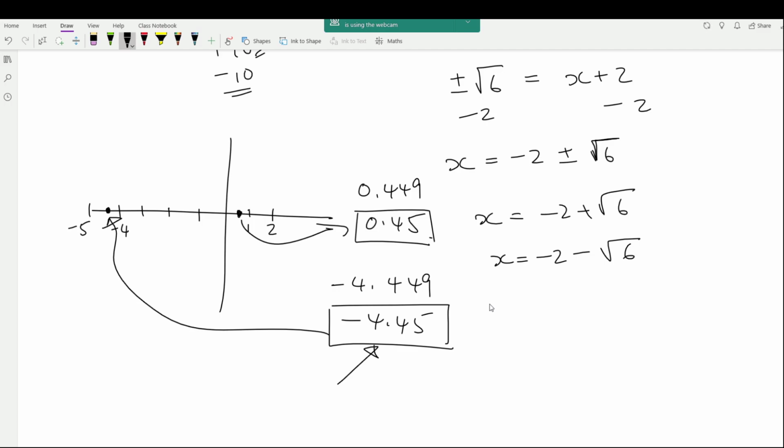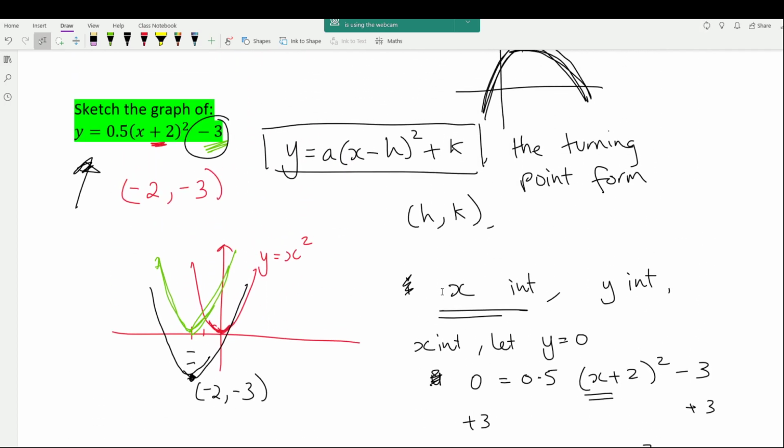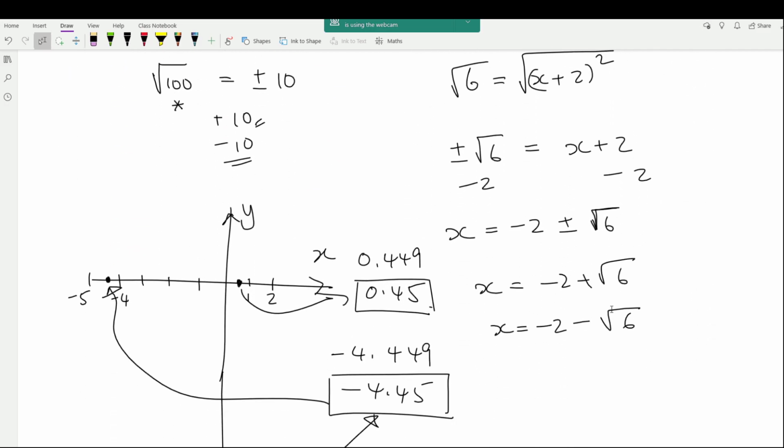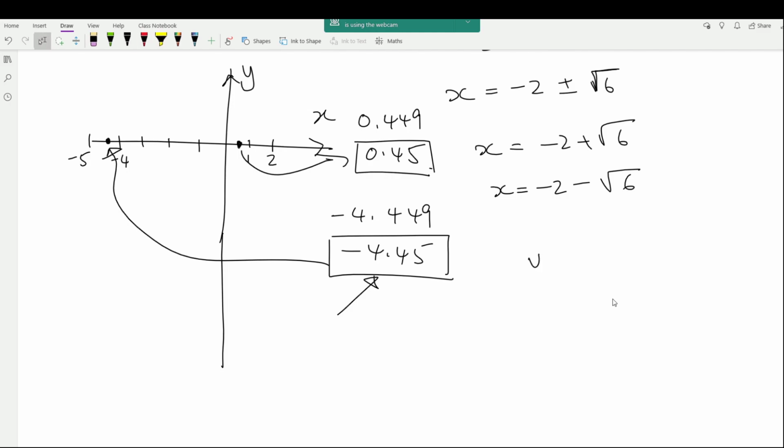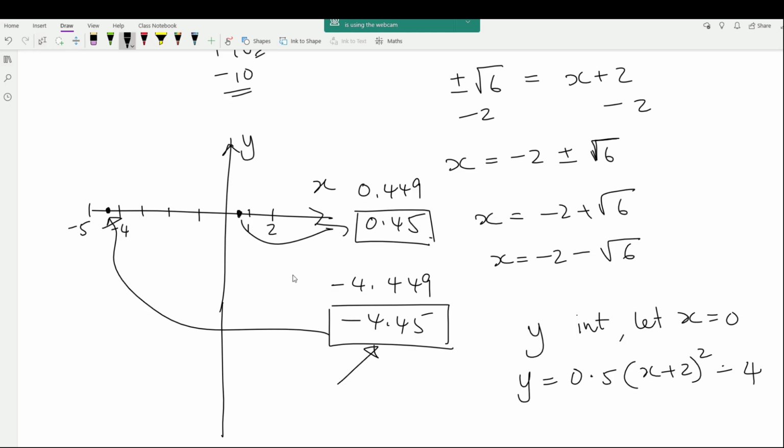Alright, so now I'm going to find my y-intercept. This is my y-axis and this is my x-axis. To find my y-intercept, going back to my equation, I'm going to let x equal 0. So y is equal to 0.5 (x plus 2) squared minus 3.